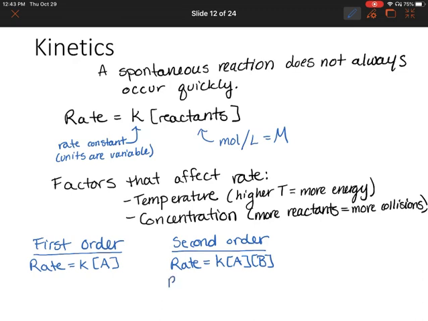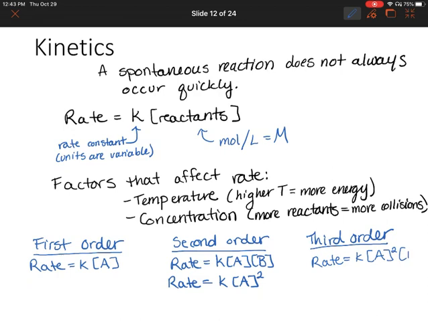That can also look like this: you can have just one type of reactant squared. And then there's also third order reactions, which are a little more rare, but the rate will depend on, let's say, one of the reactants squared and a second reactant.